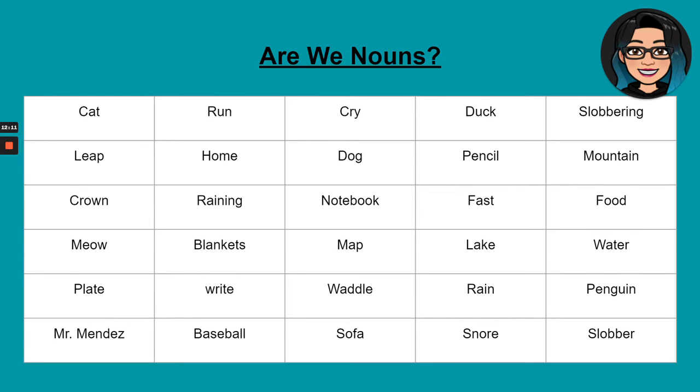Next word is home. Next word after that is raining. It is raining from the sky. And the word after that is blankets. Blankets, like what you use at night when you go to sleep.